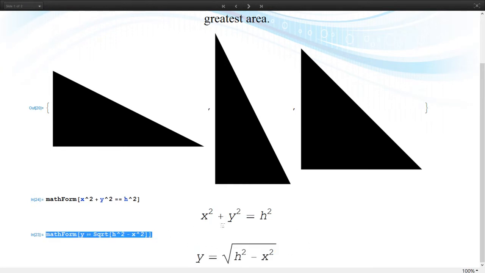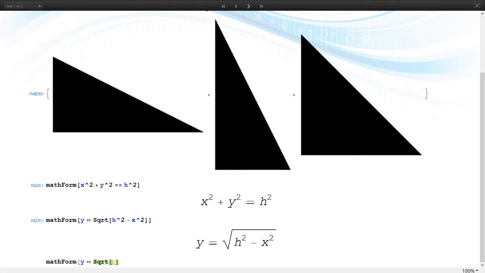We note that the area of a right triangle is 1/2 times the length of the first leg times the length of the second leg. So that'll be 1/2 xy. So area equals xy over 2, but that is equal to x, and then we substitute in for y, so we get the square root of h squared minus x squared.